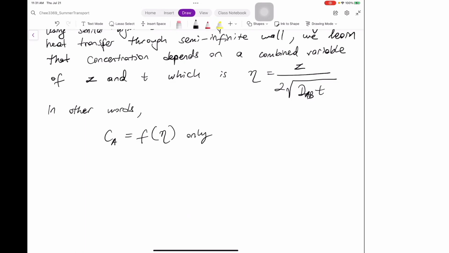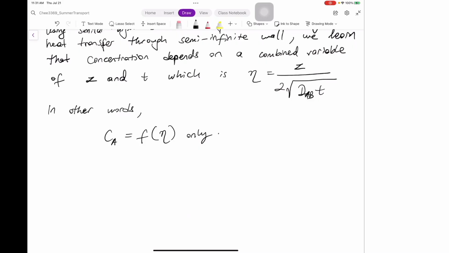And you don't need to have any additional z or t dependency. So we say that CA is a function of eta, and you can just write the CA as a function of eta without using the t's and z's.